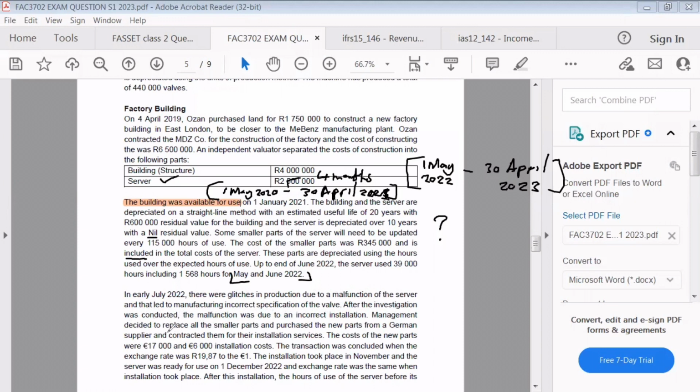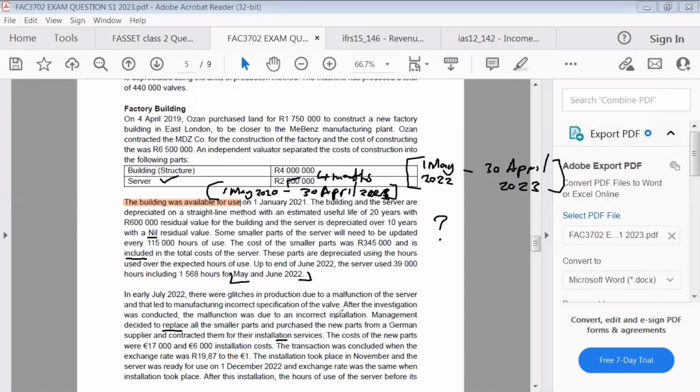Management decided to replace all the smaller parts and purchased the new parts from a German supplier and contracted them for their installation service. So they said, guys, we're not going to touch anything. We won't hire local. We'll buy from them and call them to install. We don't want this mistake anymore.